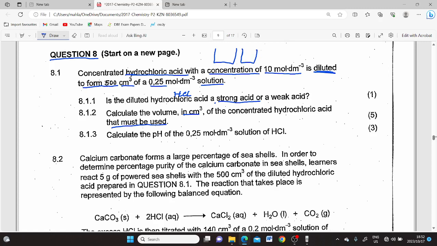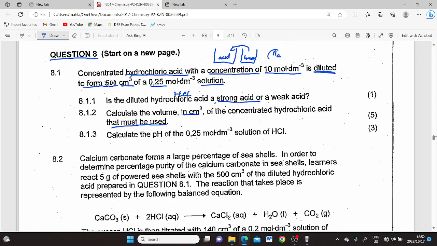If this is an acid, this will be a base. Now when you take this container, the number of moles of the acid will remain the same.